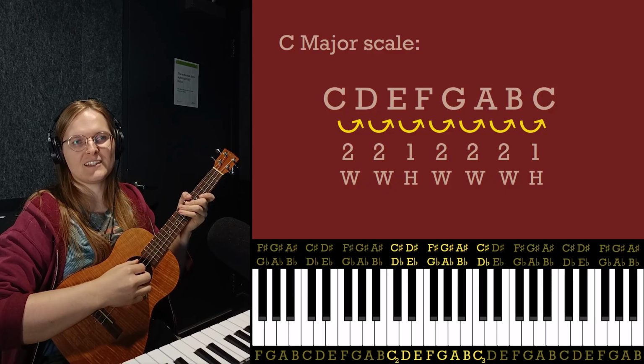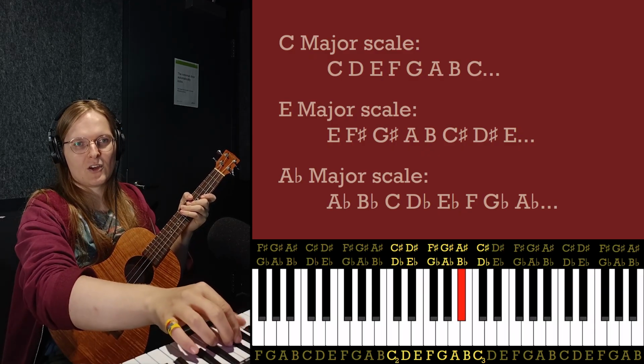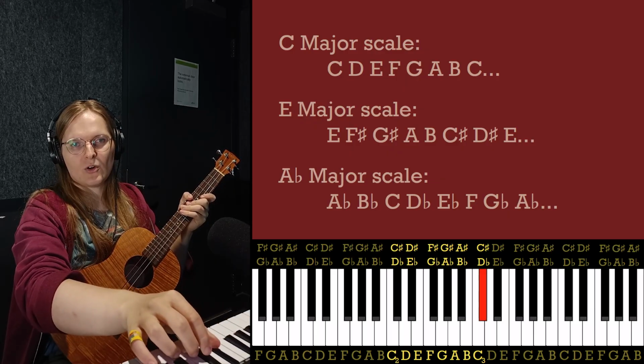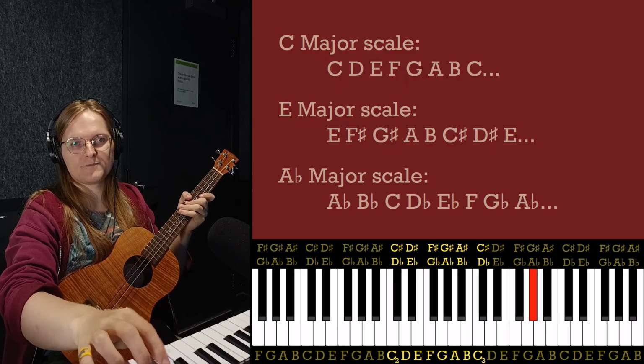And it is these intervals that define exactly what a major scale is. So if we look at A flat major, we see the same thing. We have whole, whole, half, whole, whole, whole, half.